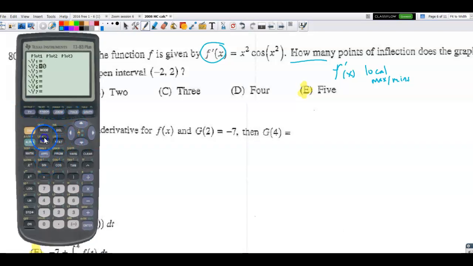So first derivative is x squared times the cosine of x squared from -2 to 2. So I'm going to go back to my window, -2 to 2. I'll leave it at tenths. I think that's going to be fine. We'll see what happens. We're going to count the local maxes and mins.